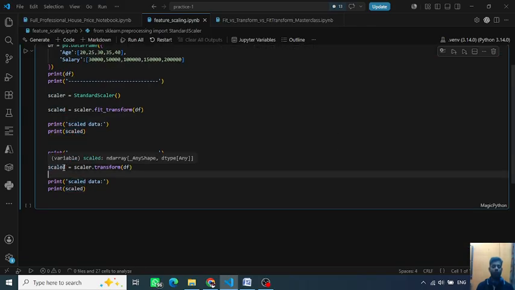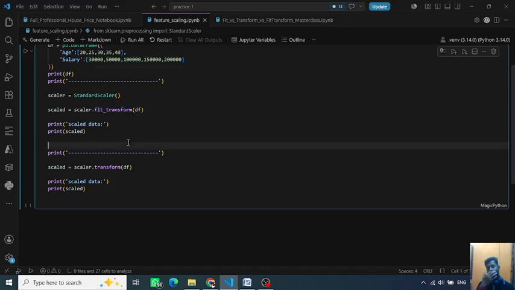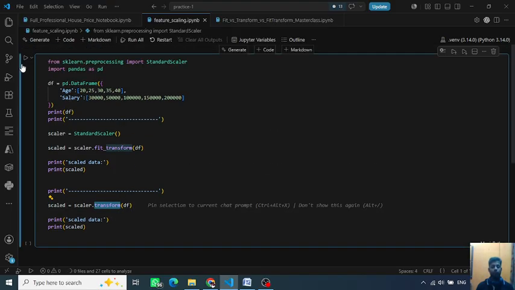And also here we are showing how it looks if we transform the same data using transform. It will give the same output, because fit_transform already calculated the mean and standard deviation and scaled the data. So transform will use the calculated mean and standard deviation generated by fit_transform.